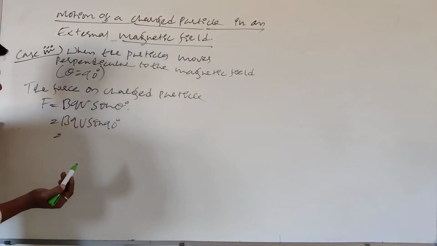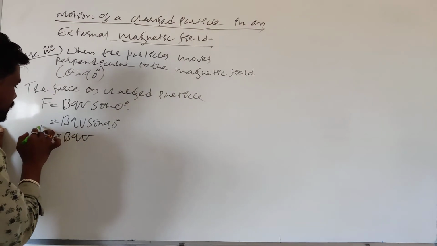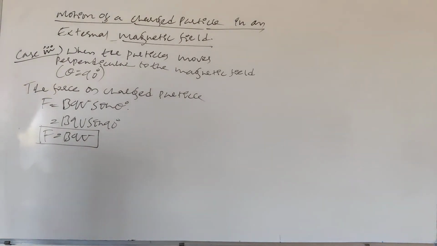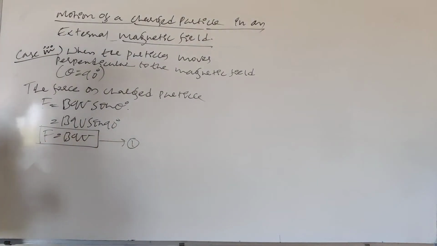Sin 90 is equal to how much? 1. So F is BQV. Call this equation number 1. This is correct, right?